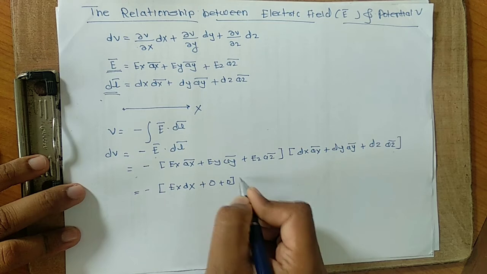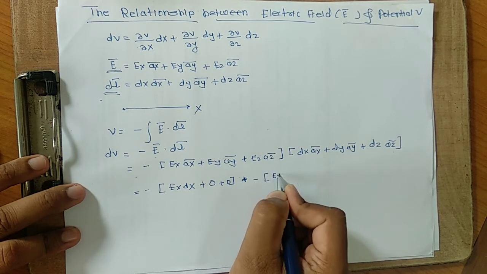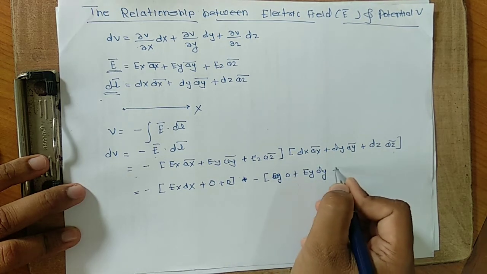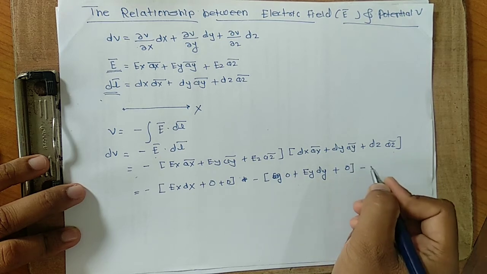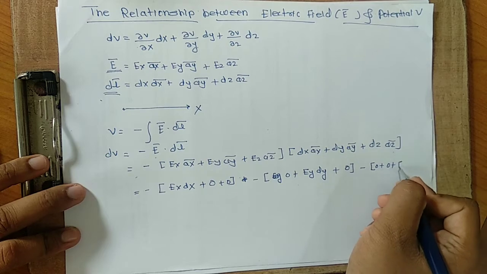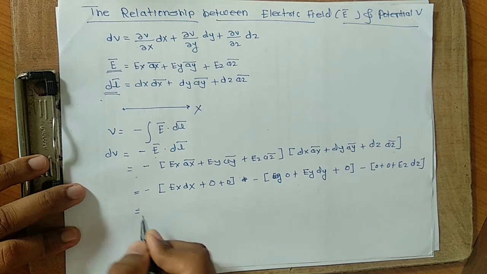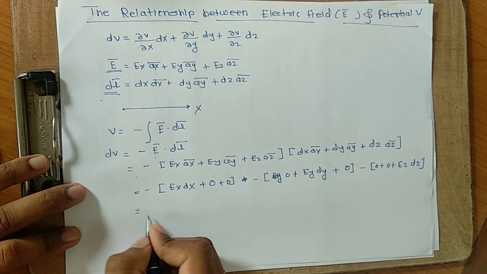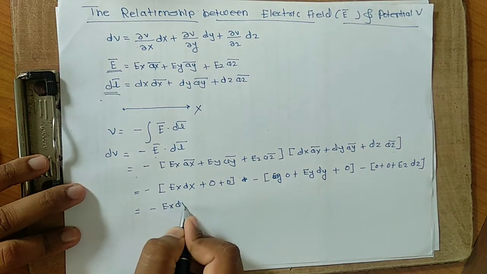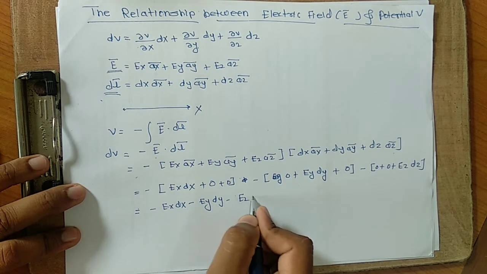Minus again, I will write directly 0 plus Ey dy, plus 0 minus 0 plus Ez dz. So ultimately, what is the final answer? The final answer is minus Ex dx minus Ey dy minus Ez dz.